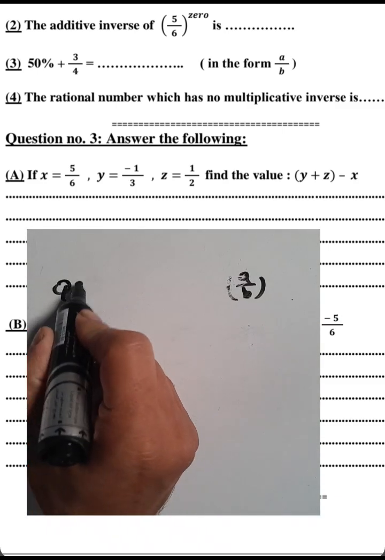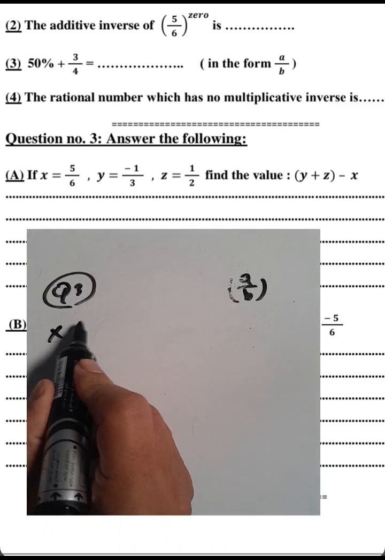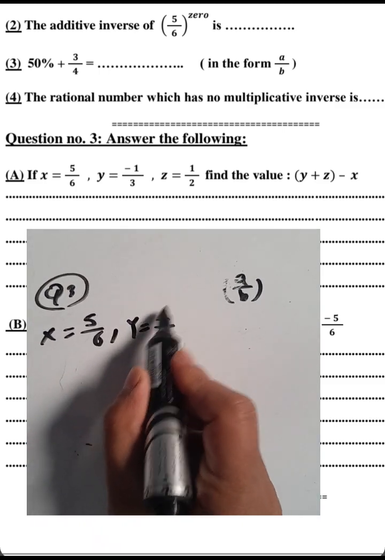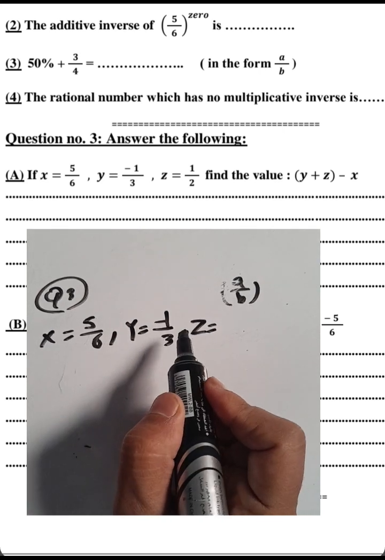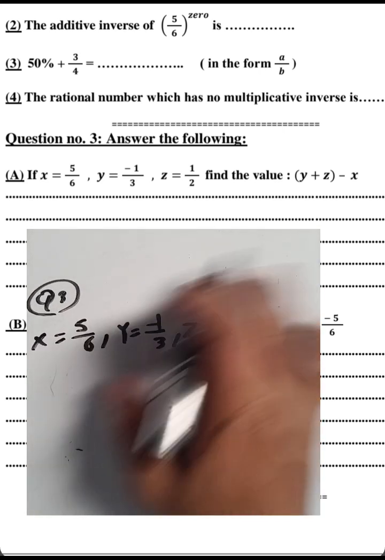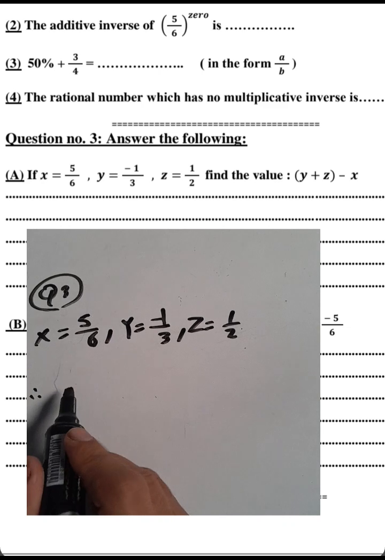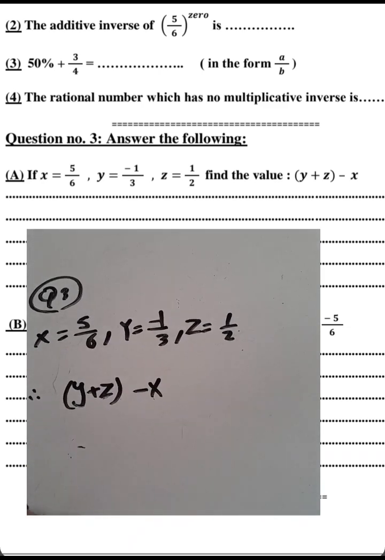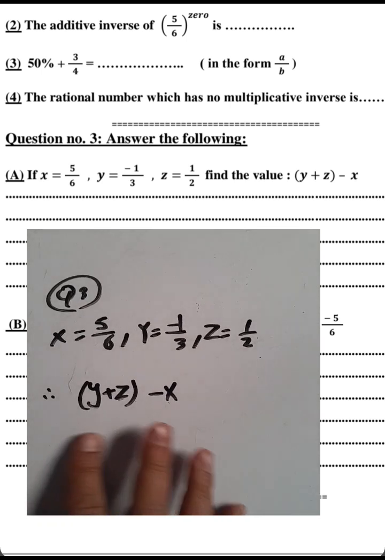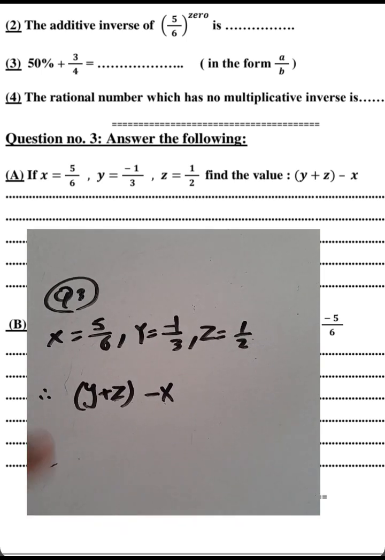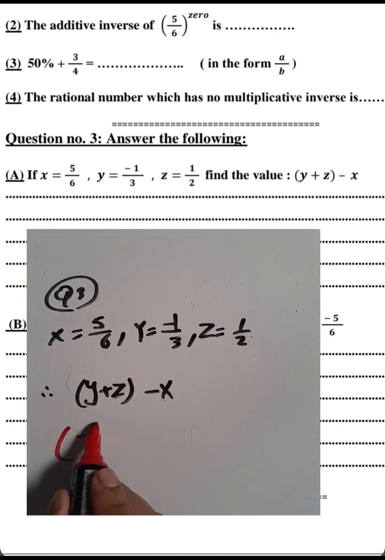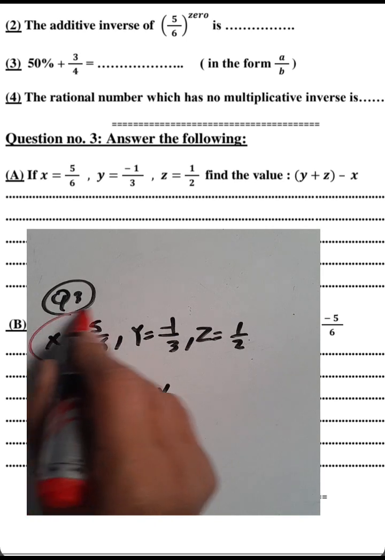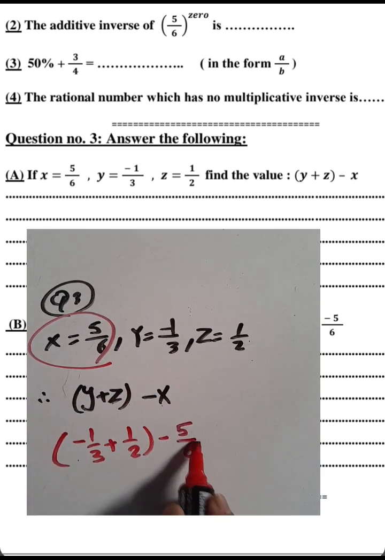Question 3. If x equals 5 over 6, y equals negative 1 over 3, and z equals a half, then he wants to find the value of y plus z minus x. We can find the result by adding y and z first. Y is negative 1 over 3 plus z equals a half, subtract x, 5 over 6.